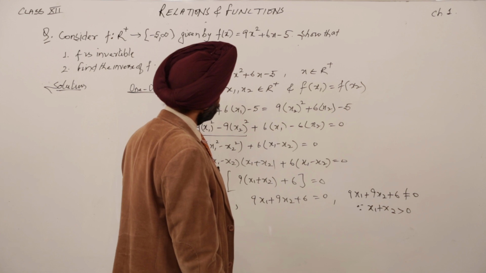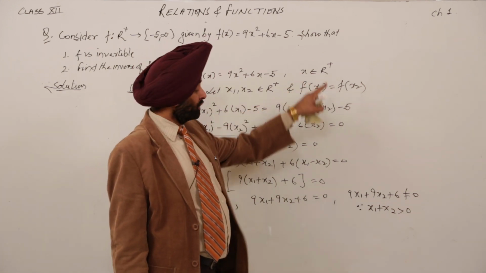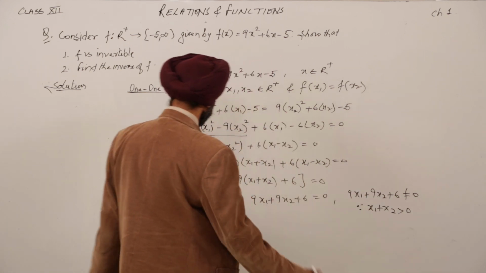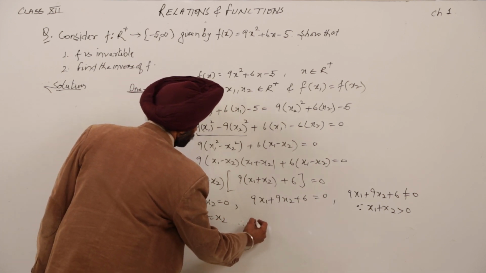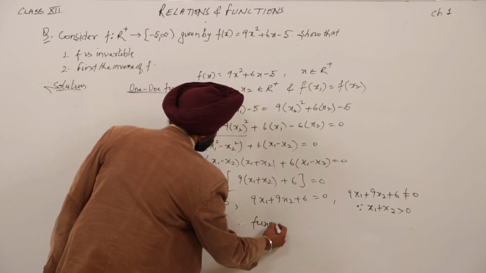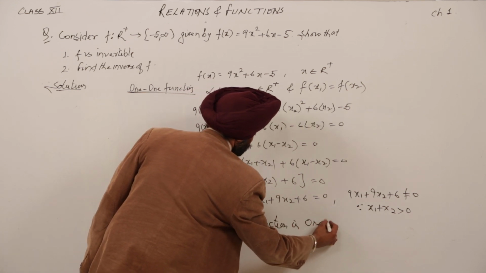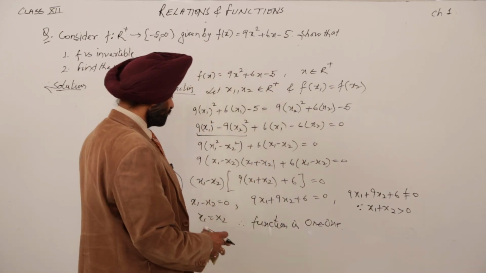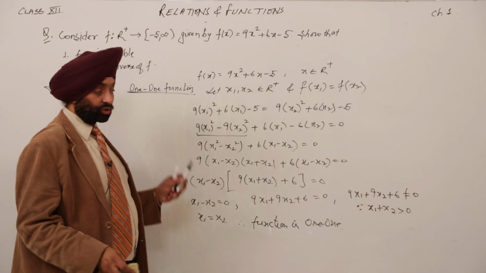Because we have taken x belonging to positive real numbers, so the sum of two positive real numbers is always greater than 0. So x1 = x2, therefore the function is 1-1. So our first condition is satisfied, that the function is 1-1. Is it clear for the 1-1 function?